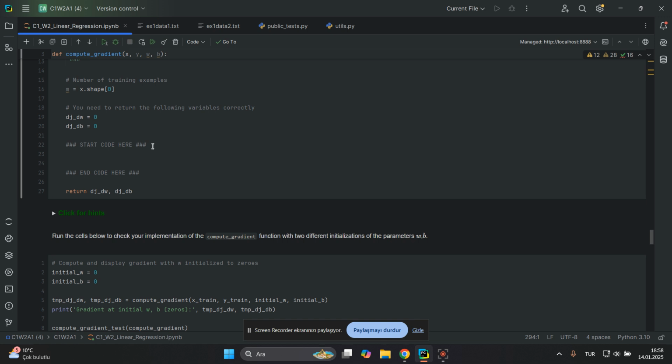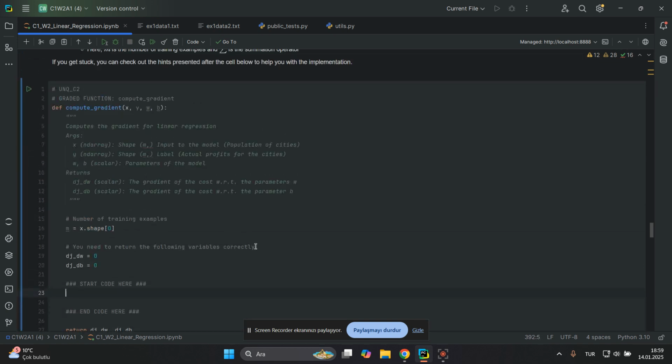And right now I'm going to solve this problem. Let's start the code from here. First of all, I have to define a for loop for i in range m, and after that I have to define a prediction.